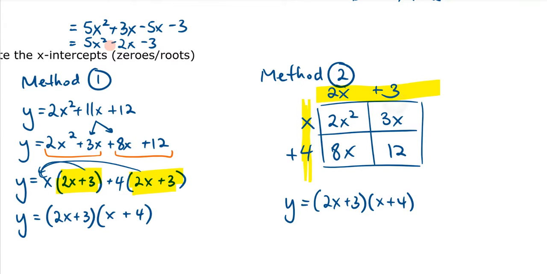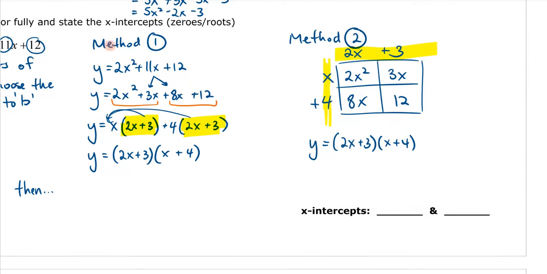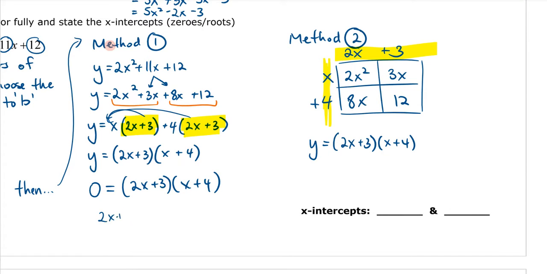Okay, now if I want my x-intercepts, well, you gotta set this equation to be 0. So 0 equals 2x plus 3 and x plus 4. Okay. And, okay, so I need this factor to be 0. So 2x plus 3 equals 0 gives me one x-intercept.